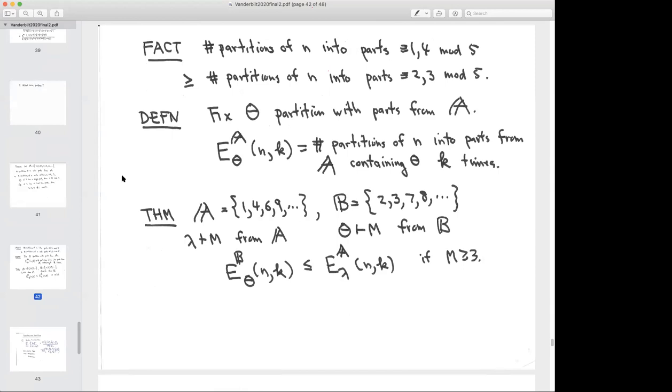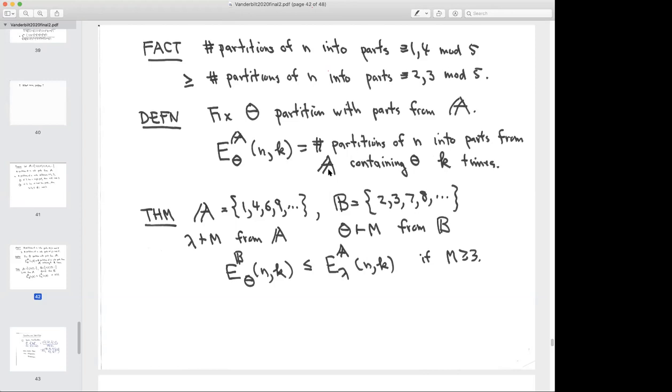Here's a fact. It's known that there are more Rogers-Ramanujan partitions with 1 and 4 than there are with 2 and 3. And that's because when you take the difference of the sum sides, you can prove that it's positive. This can be generalized in the following way. Take a part or a partition theta, and let's just think of theta as a part size. And E super A of theta is the number of partitions of n that have theta k times.